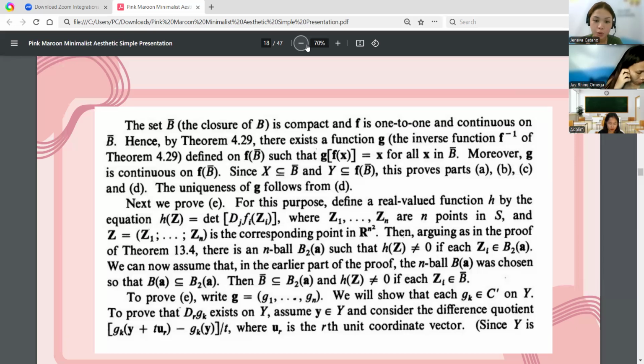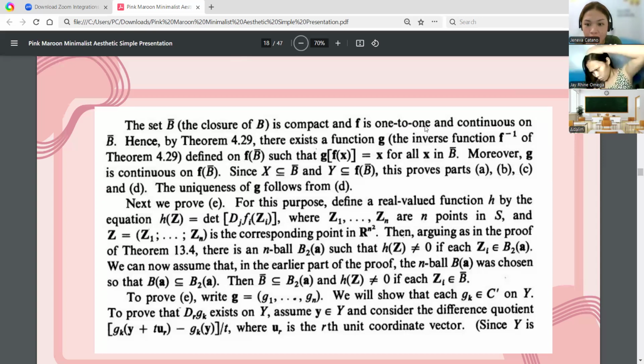Okay, so next we prove e. For this purpose, define a real-valued function h by the equation h(z) = det[D_j f_i(z_i)], where z_1, ..., z_n are n points in S, and z = (z_1, ..., z_n) is the corresponding point in R^(n^2).